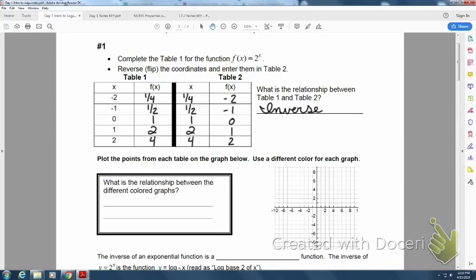Whenever you're done with that, go ahead and come down here to the graph. I want you to plot the points from the first table, graph it as best you can.